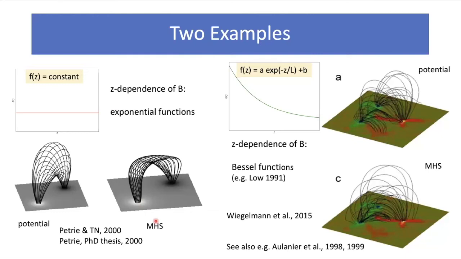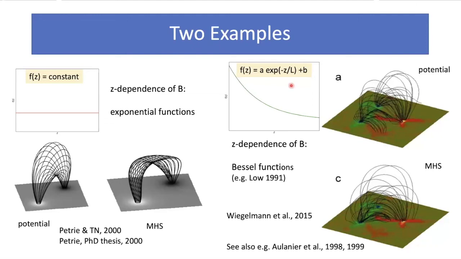Now, Low already in 1991, in one of his papers, in a series of 6, 7, or 8 papers on these things, plus extra papers earlier which do not belong to the series, experimented with f of z being an exponential function. That, of course, allows you to control with these parameters a, b, and this height L when the effects of these extra forces, pressure gradient and gravity, drop off, and how fast they drop off with height.